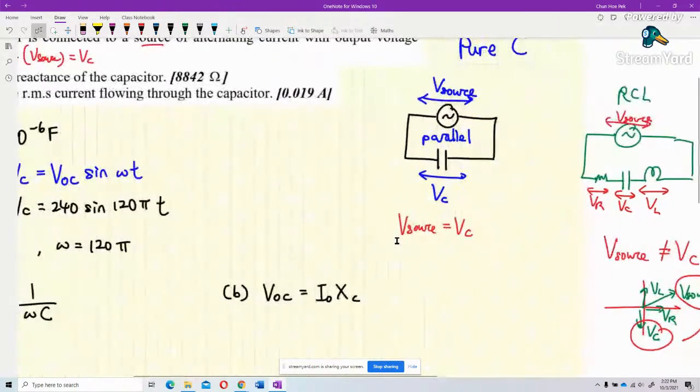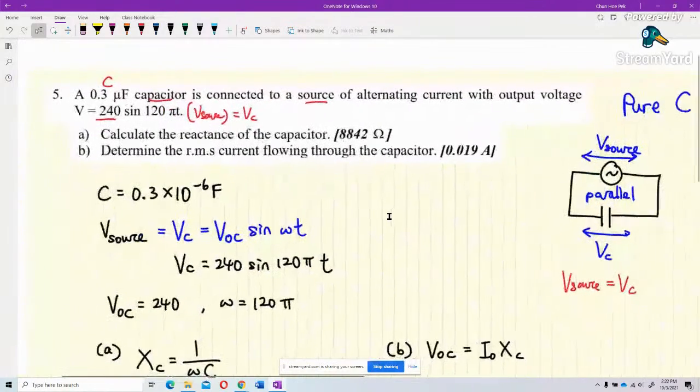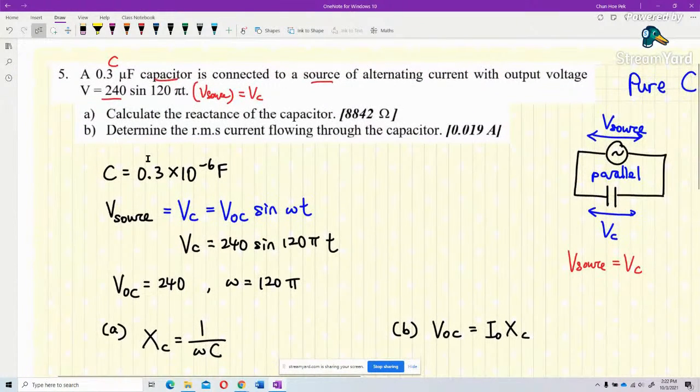All right, too much time wasting over here. Let's move on. So V source equals VC. I've written down here micro, change to SI unit. Since this is a sine equation, V source equals V naught C sine omega t. This is the peak value, the maximum value.